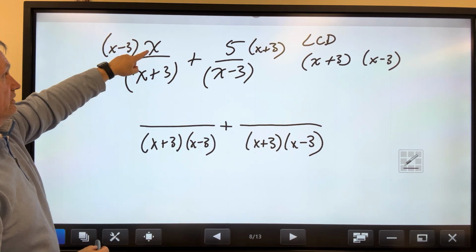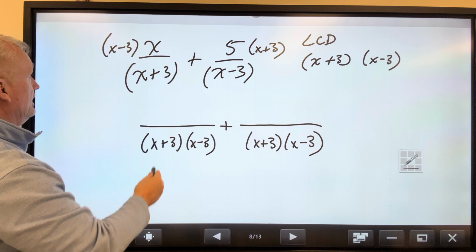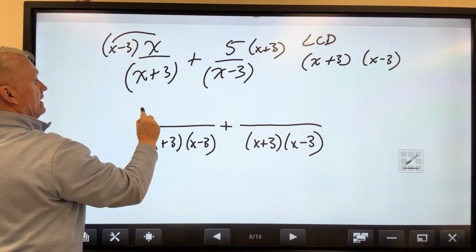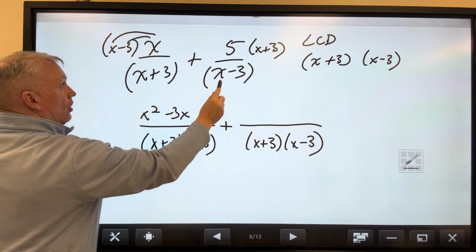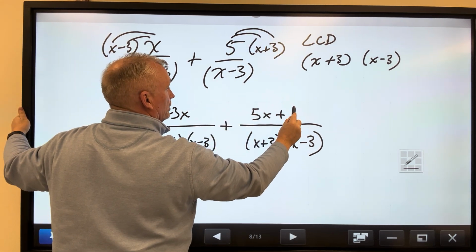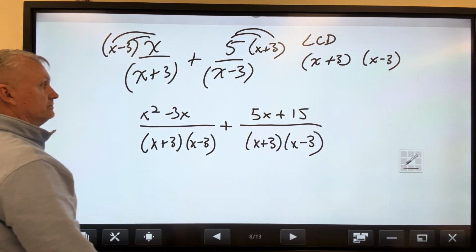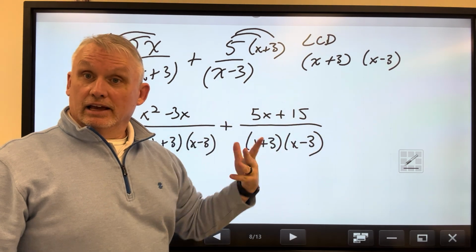Now let's multiply this out. Distribute. Now I know it's written a little differently, but I'm going to multiply: x squared minus 3x over here, 5x plus 15. Now I can go ahead and combine the numerator.